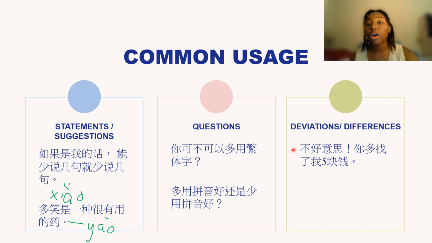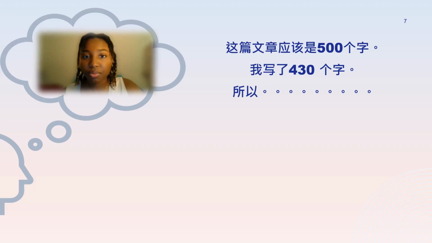So, 不好意思 there is a discrepancy here. 你多找了我5块钱 You gave me 5块 too much. And another example of that here. But we have one more example.